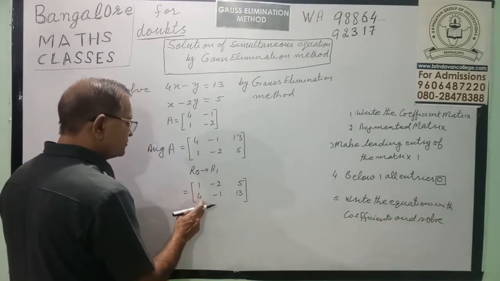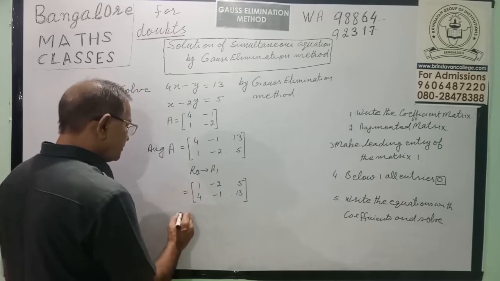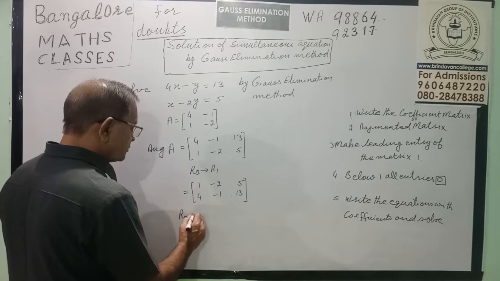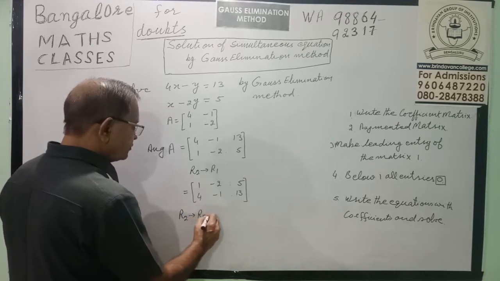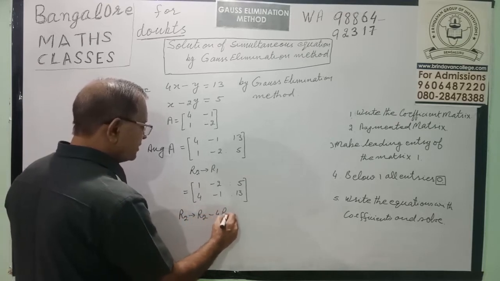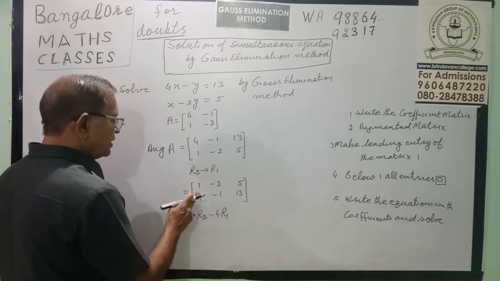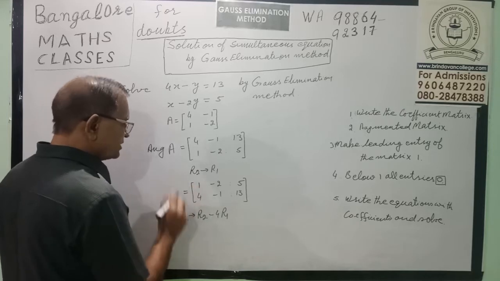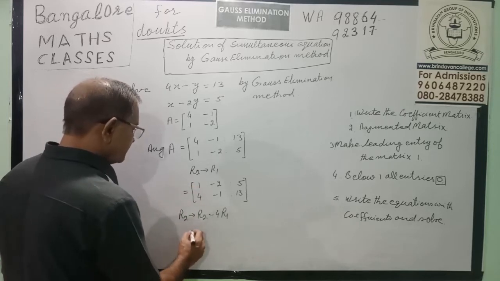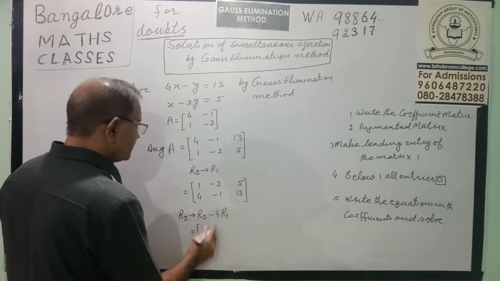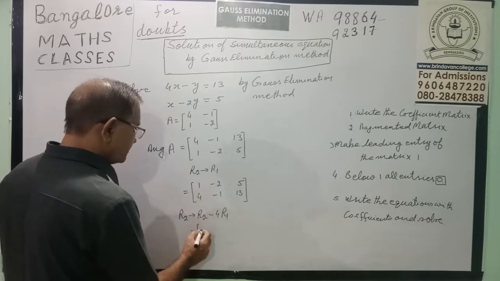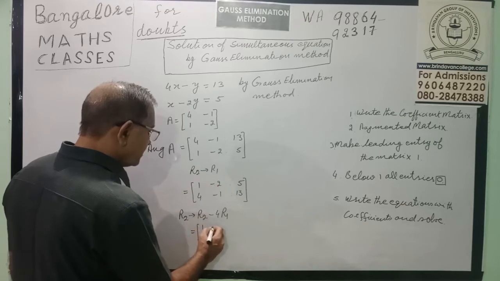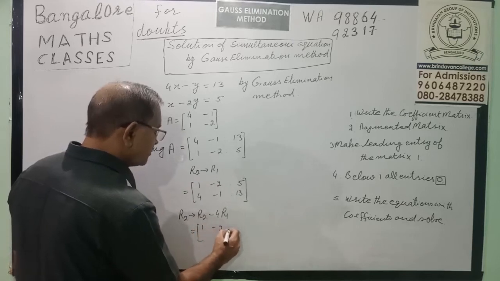Here I want 0. How I can do that? R2 equals R2 minus 4 times R1. R1 as it is: 1, minus 2, 5.